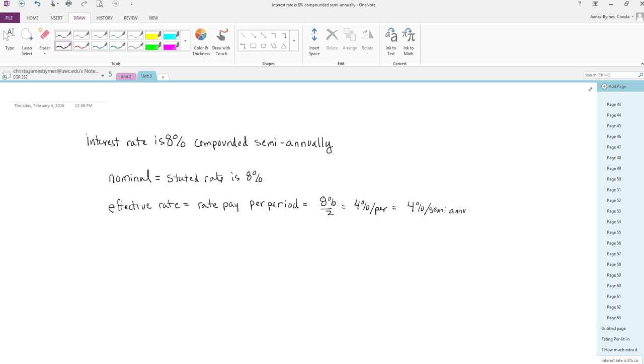Now, if you ever went into a bank and said, oh, I pay 4% semi-annually compounded, they would say you pay 8% compounded semi-annually. So they always say that stated rate, but we know they're using 4% every 6 months, right?